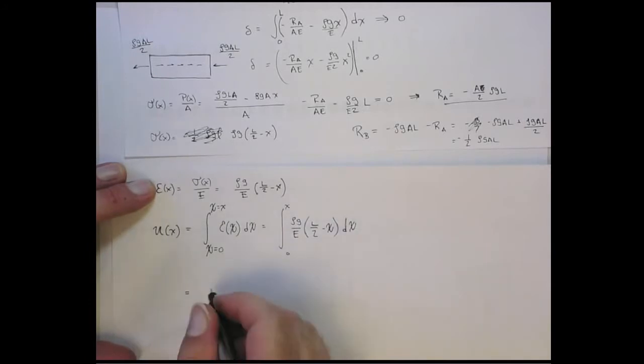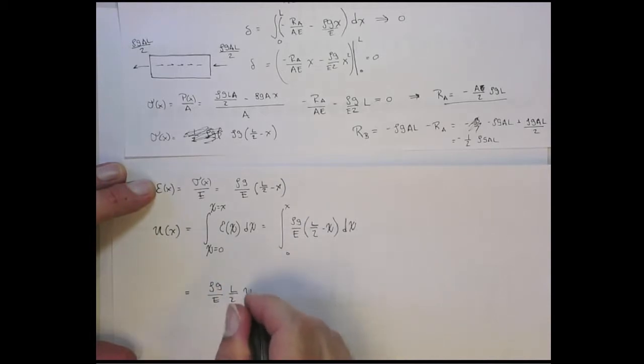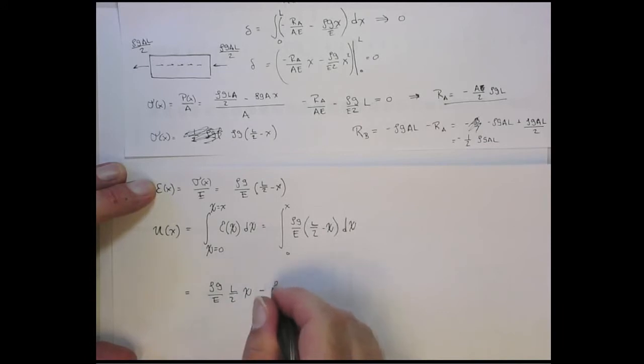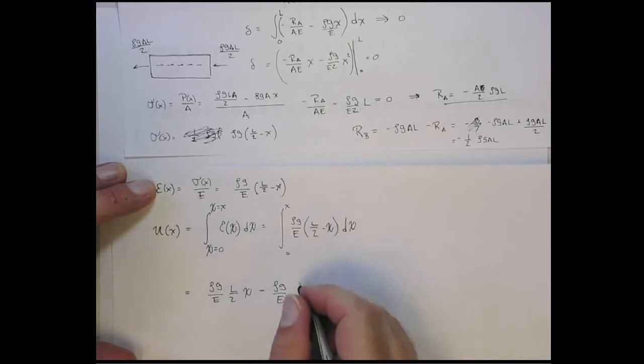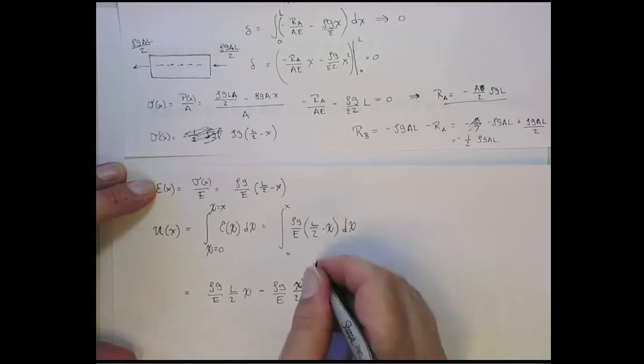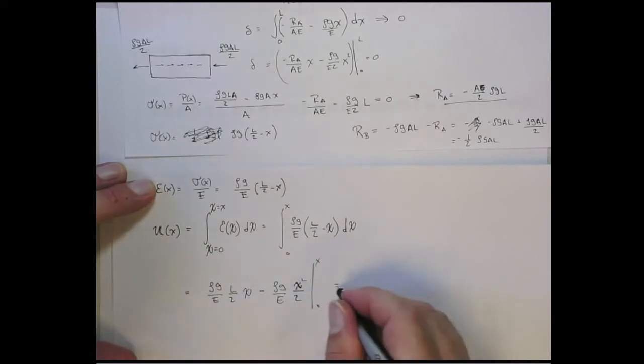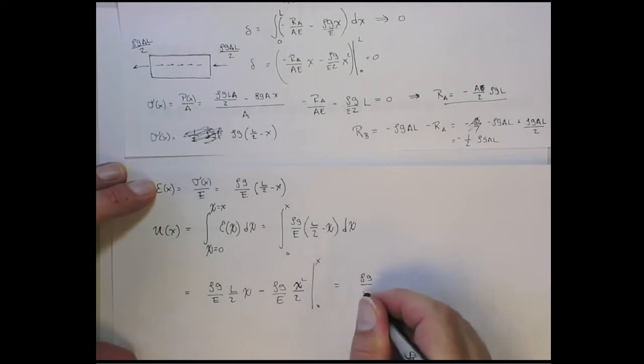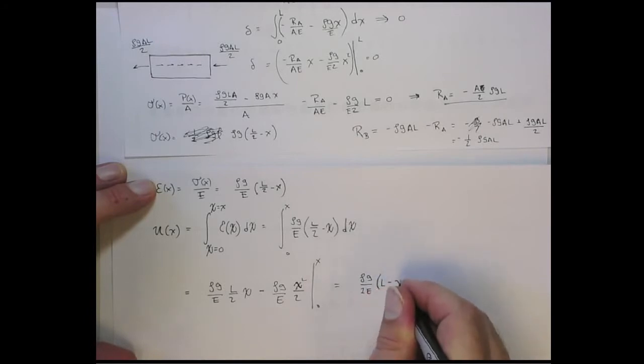That gives me rho G on E, L on 2 chi minus rho G on E, chi squared on 2, evaluated from 0 to X. At 0, this goes to 0, so this just gives me rho G on 2E, times L minus X squared. And so that's the displacement field.